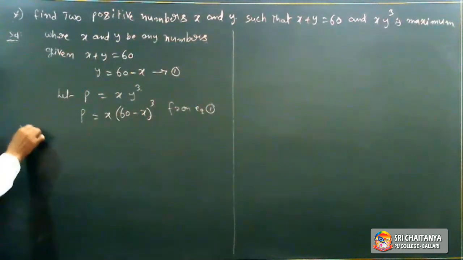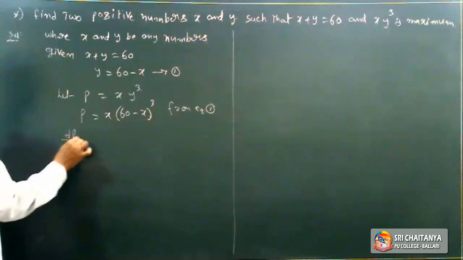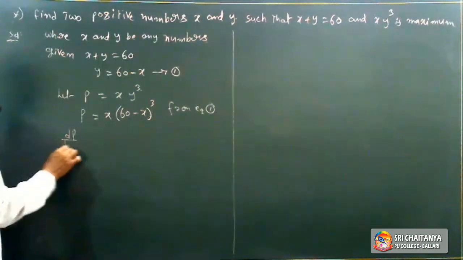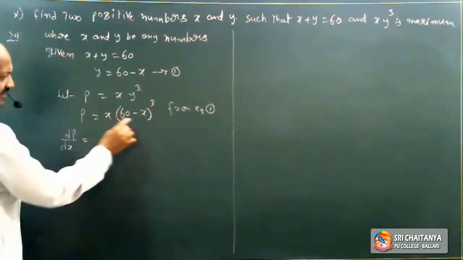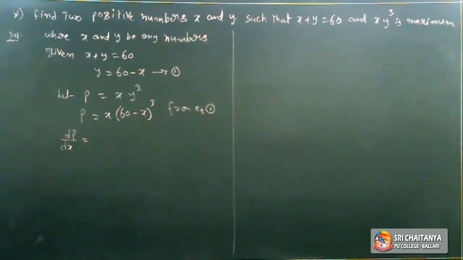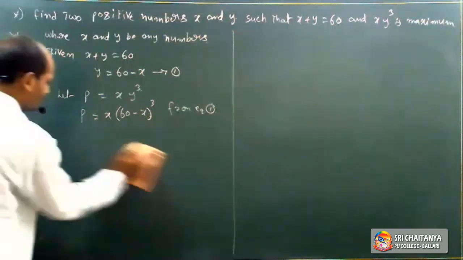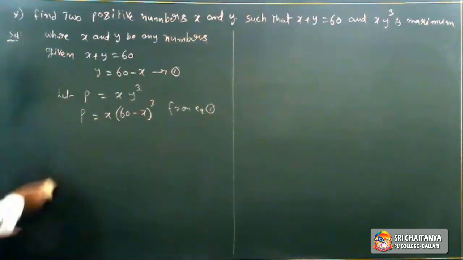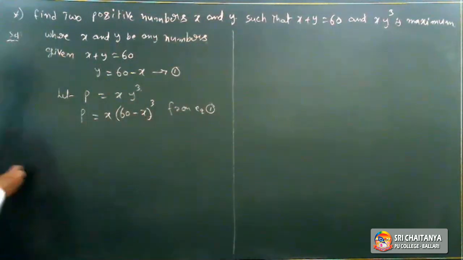Find the derivative dp by dx. It is a derivative of uv form. So x into 60 minus x whole power 3.